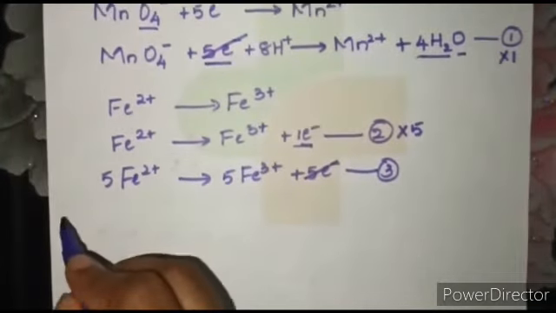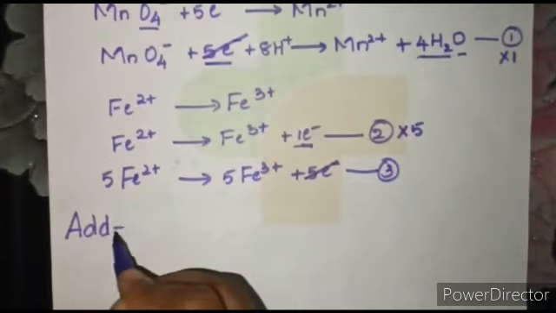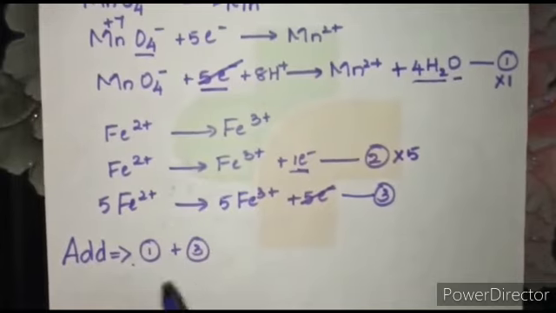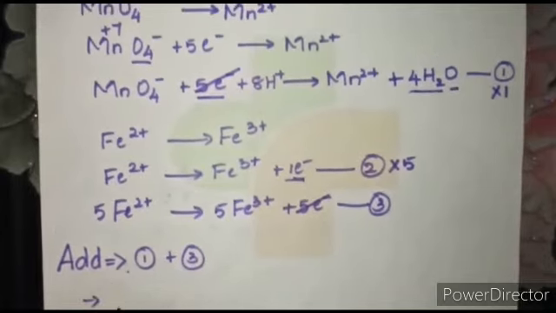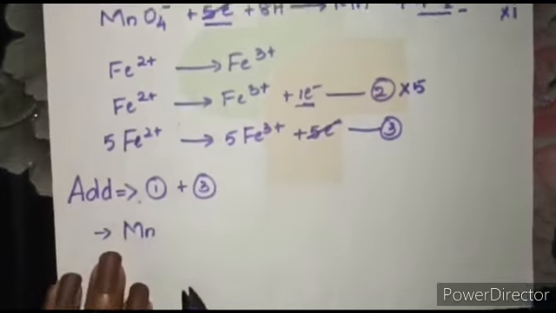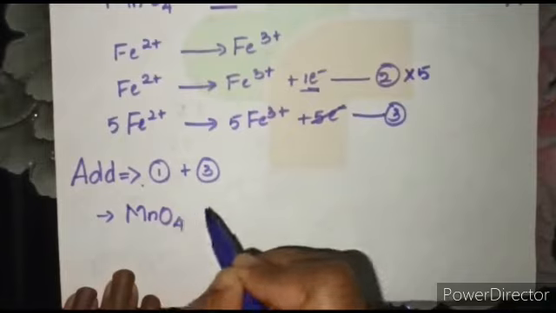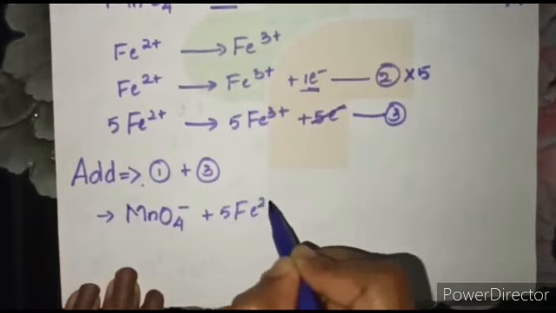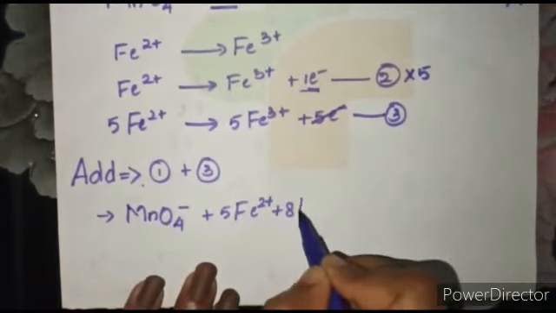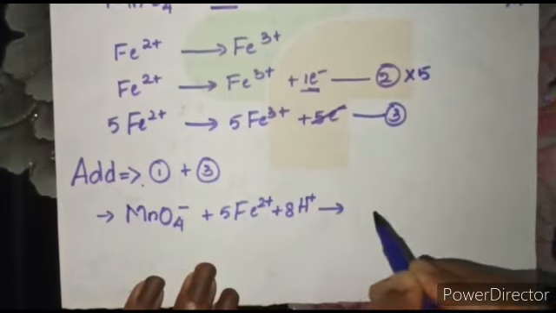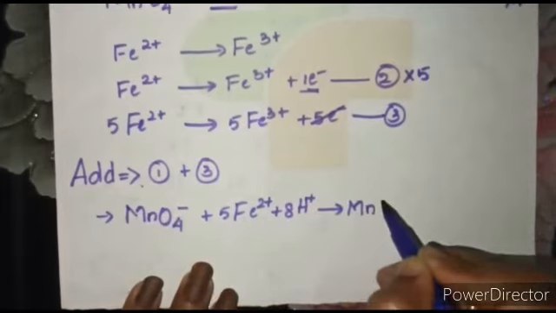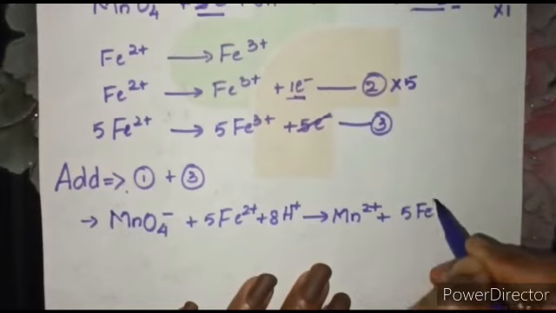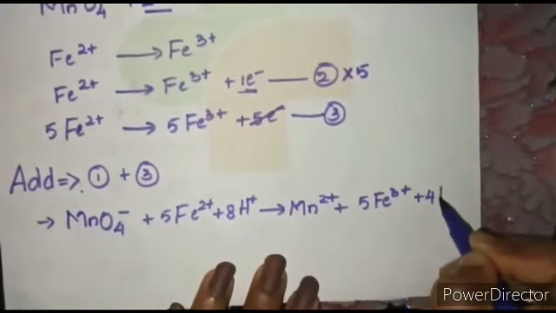Next, let's sum it up. Equation number 1 plus equation number 3, we get MnO4- plus 5Fe2+ plus 8H+, giving Mn2+ plus 5Fe3+ plus 4H2O.